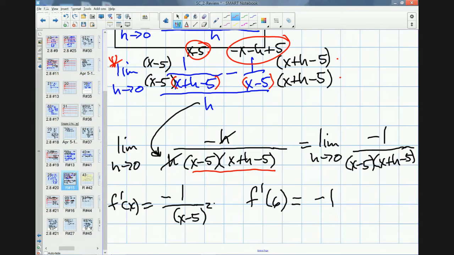So in other words, all these get reversed. x minus x, no x, negative 5 plus 5, no 5s, and then you have minus h. So you get this thing.